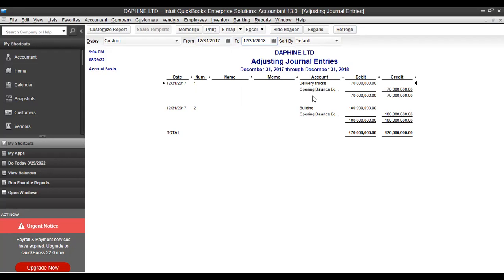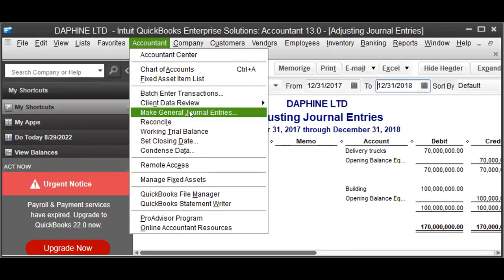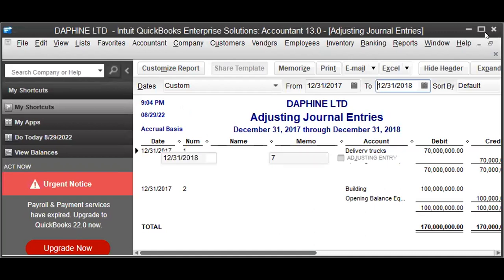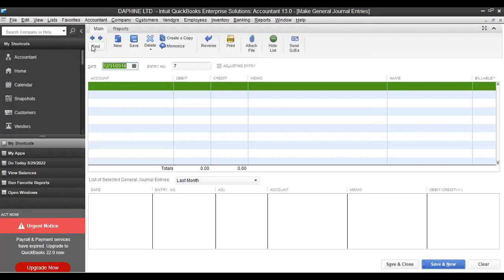My journals, not seeing my journals, just increase. Accountant, make journals. And I turn back, depreciation on 31st December 2018.